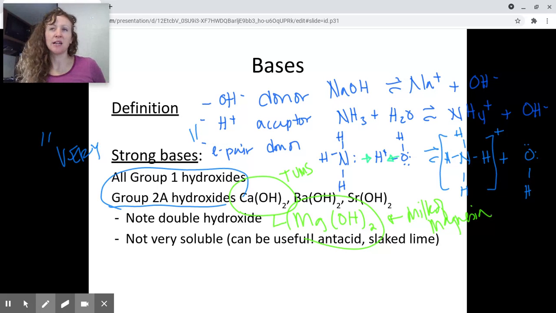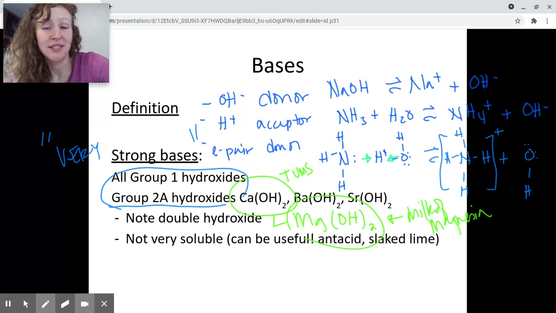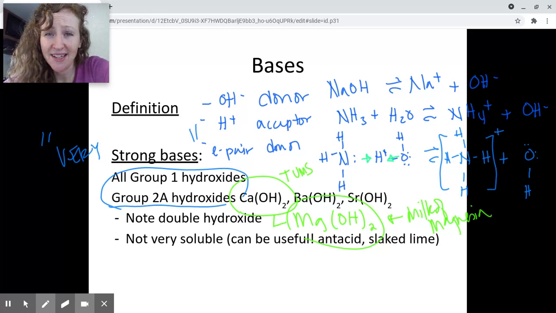Sometimes our stomachs get upset because the acid in there is just too much. And so we eat Tums or Rolaids or milk of magnesia to calm the acid down. We actually are neutralizing part of our stomach acid so that our stomach feels better. That's exactly what's happening. So all of that to say, they're not as straightforward as acids are.